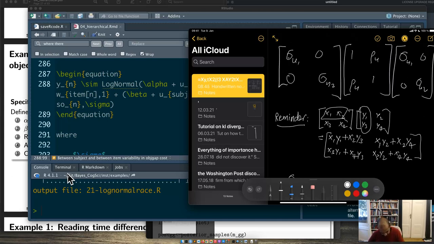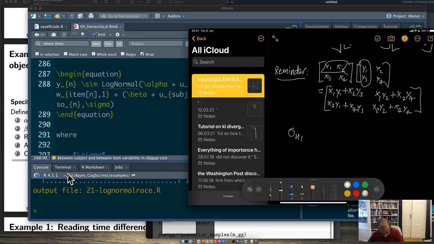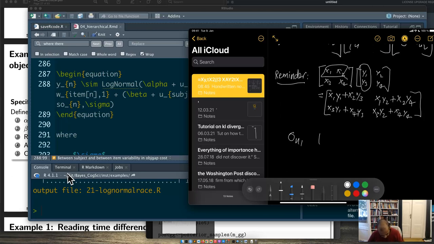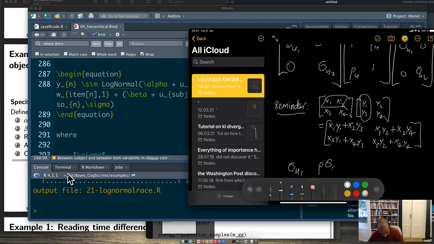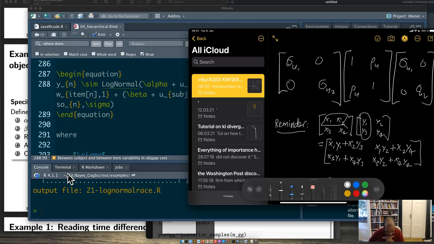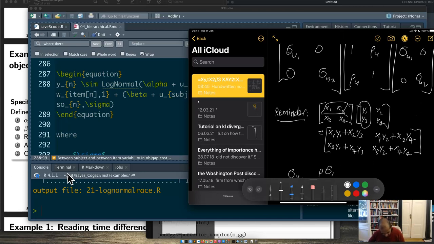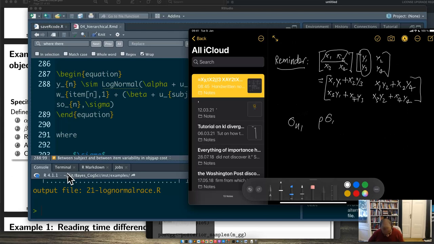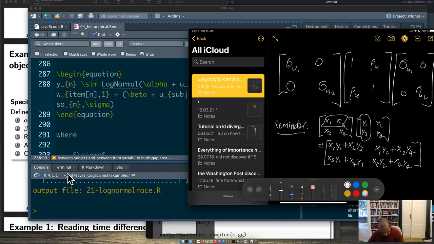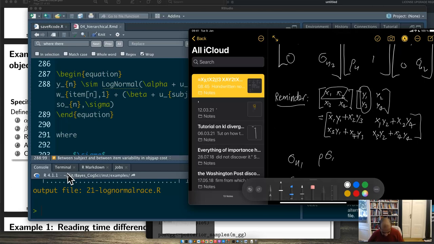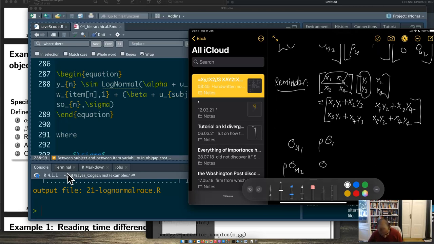The top right entry is sigma u1 times rho u, and then 0 times 1 gives rho u sigma u1. The bottom row gives rho u sigma u2 and sigma u2.